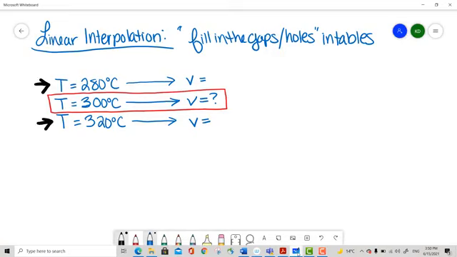So let's put those in here: 0.844 meters cubed per kilogram, and then 320 is 0.907 meters cubed per kilogram. From this, we can get our data.